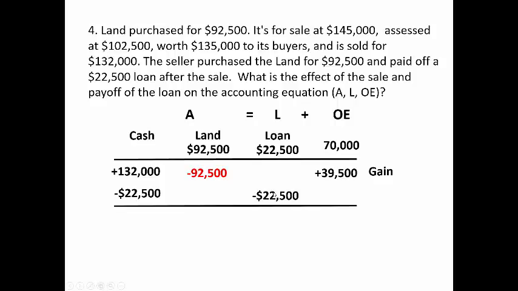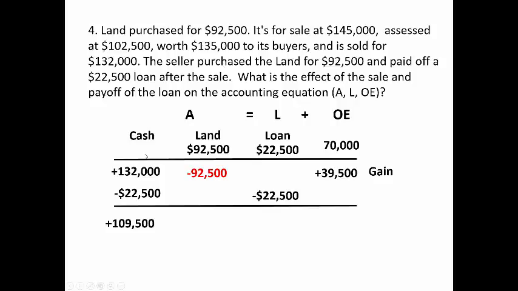And now everything between these two lines are the two transactions that we care about: selling the land for a profit and then paying off the loan. Now the question is, what effect do both those things have on the accounting equation? That is, how did they change assets, liabilities, and owner's equity? Well, let's see what happened.